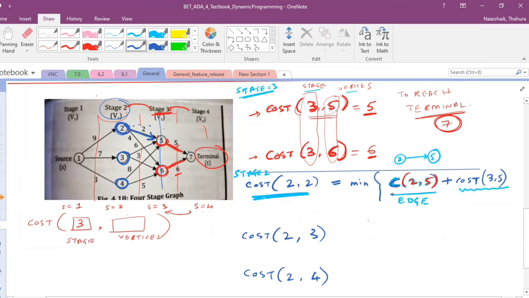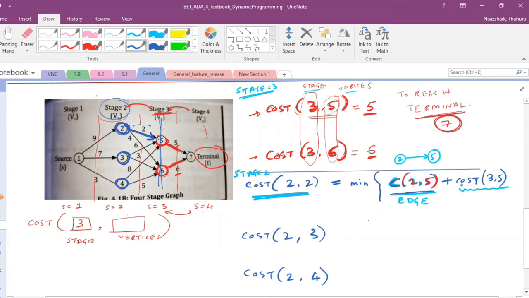So I know that from 2 to 5, I have a direct edge. Then from here, I'm reusing this calculation. Whatever is the path from the third stage, fifth vertex to the terminal, just reuse that. I'm not going to calculate this upfront. I'm going to reuse.